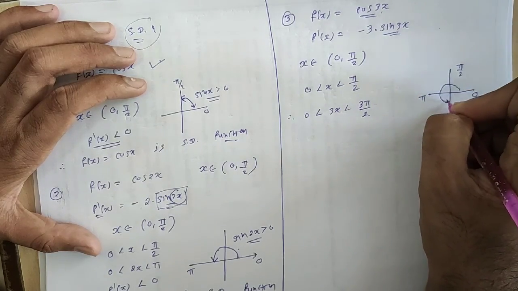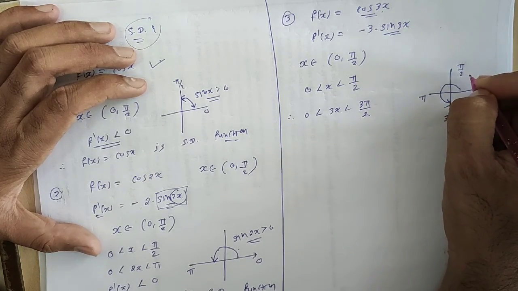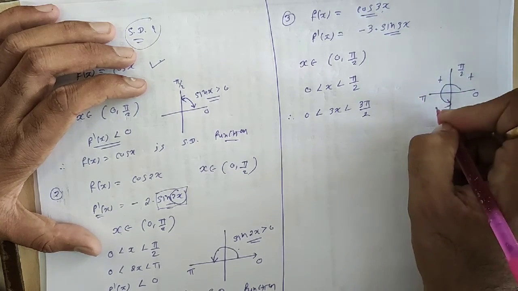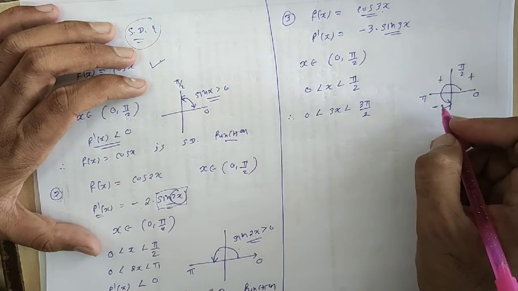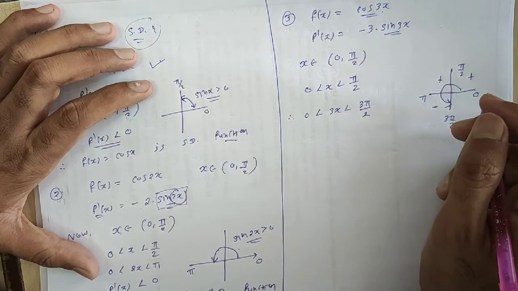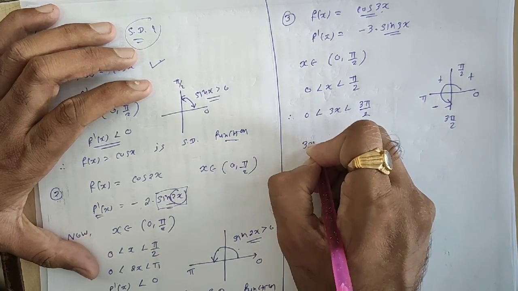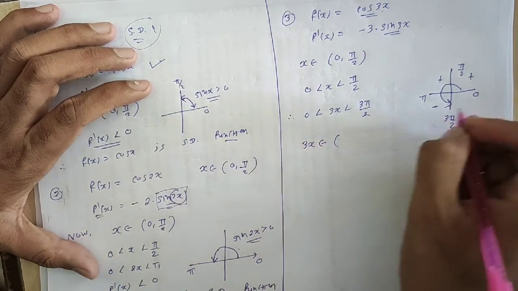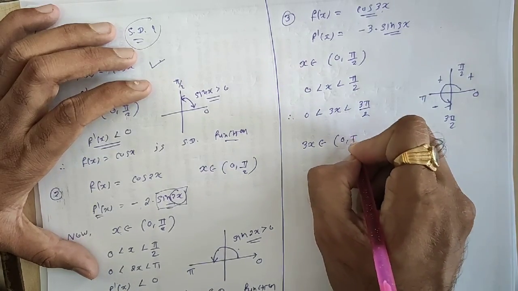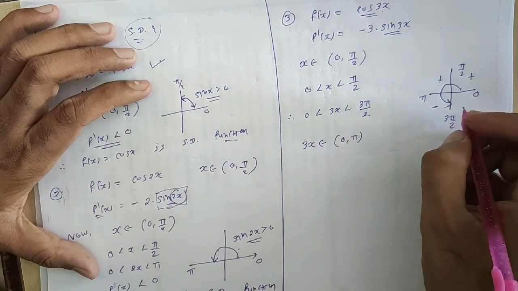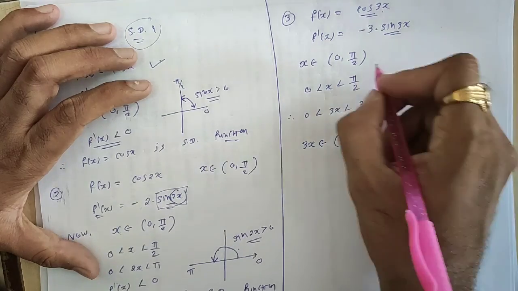So sin 3x is positive in the first two quadrants and negative in the third quadrant. So we can say that for 3x belonging to 0 to pi, sin 3x will be positive.